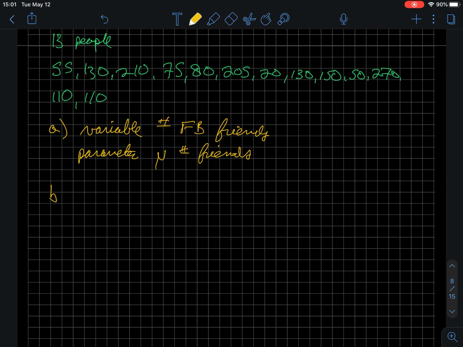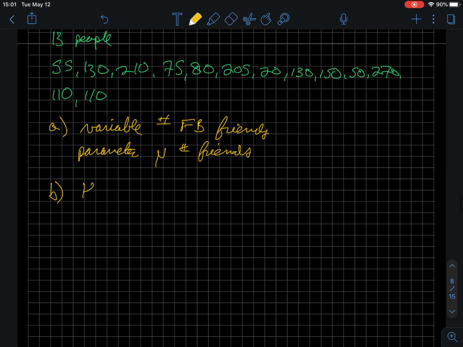Part B is asking us, what are the null and alternative hypotheses? The null is that the average number of friends is 100. For the alternative hypothesis, recall that there's actually a direction placed on this. It says that the average is greater than 100. That part is super key.